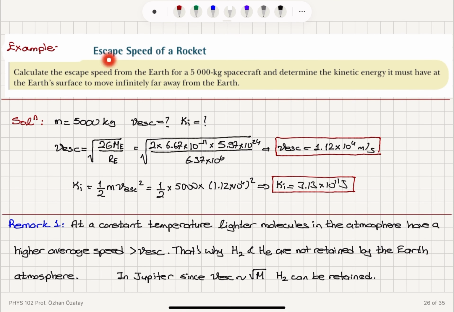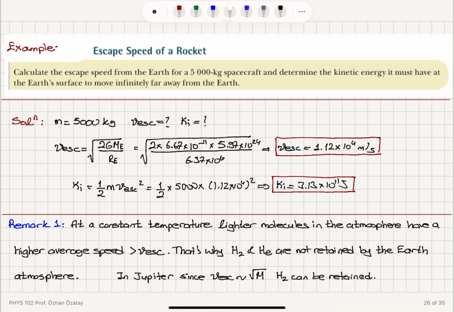And the application was given for a rocket: we can see that the escape speed, which is independent of the mass of the spacecraft, is 1.12 times 10 to the 4 meters per second. But the initial kinetic energy, because of the 1/2 m term here, does depend on the mass.